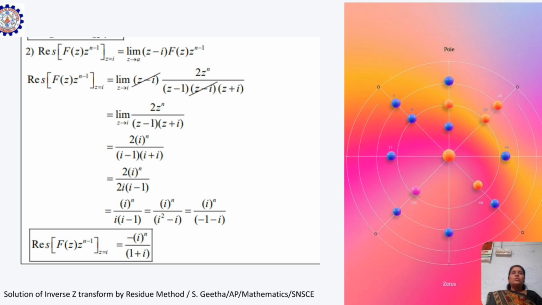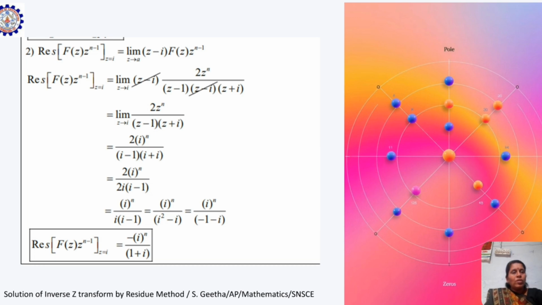We get 2 into i power n divided by (i minus 1) into (i plus i). After simplification, the value is equal to 2 into i power n divided by 2i into (i minus 1). So the value is equal to i power n divided by i into (i minus 1). By simplification we get i power n divided by minus 1 minus i. Taking minus outside, the value will become minus i power n divided by 1 plus i, which is the residue at the point Z equal to i.